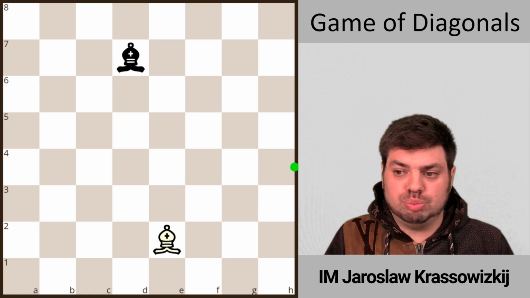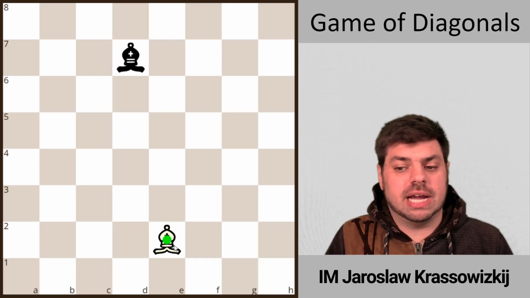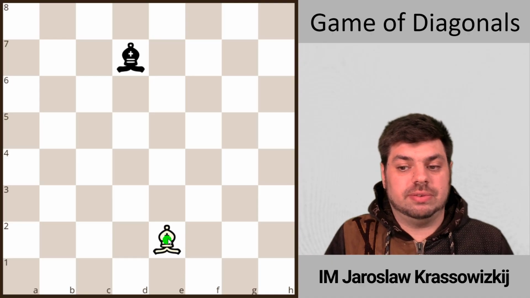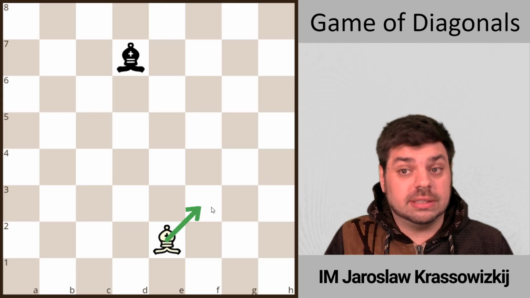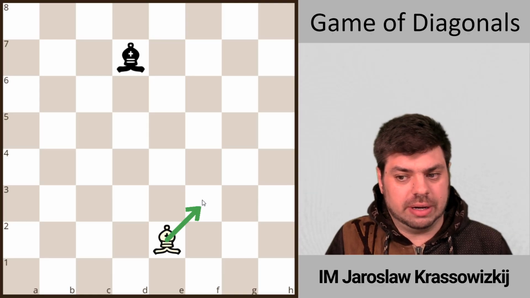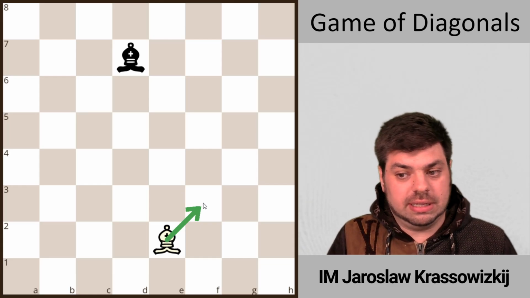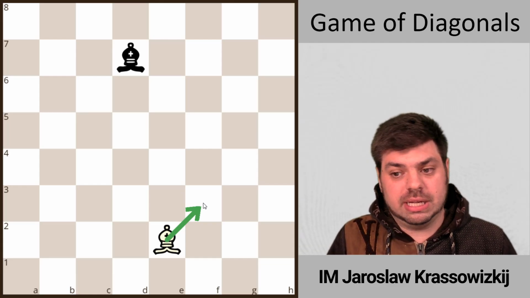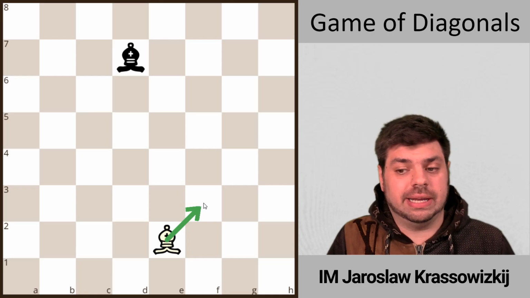So first of all, you have to decide, are you going on the right side or on the left side? And let's say we start with the right side. So we start with e2 and we move our bishop one square diagonally, because that's how a bishop moves, to the right. Only one square. I'm showing you the procedure over the board, but obviously you have to do it in your mind later.